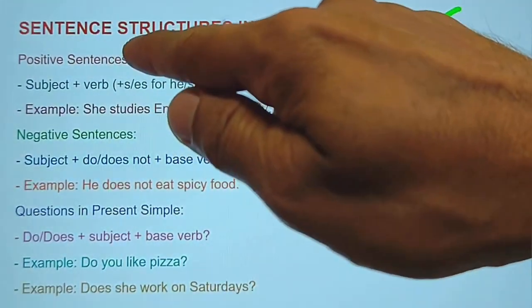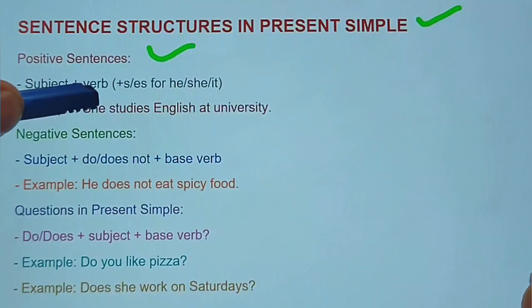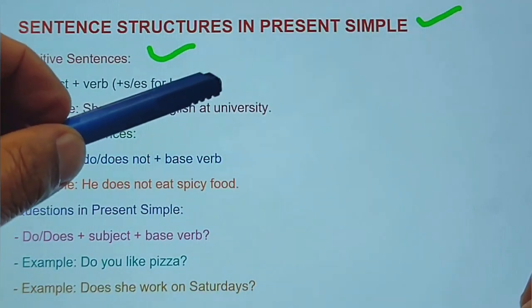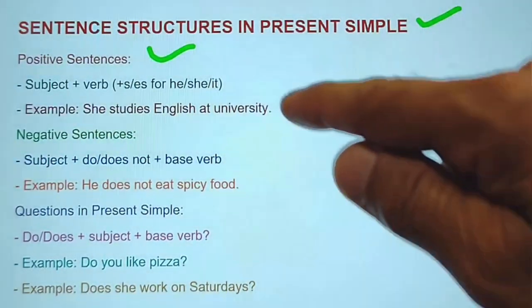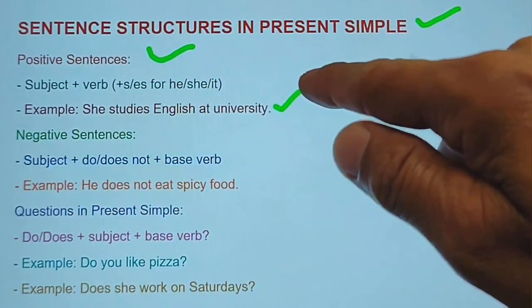For positive sentences, the formula here is subject plus verb plus s or es for he, she, it. For example, she studies English at university.